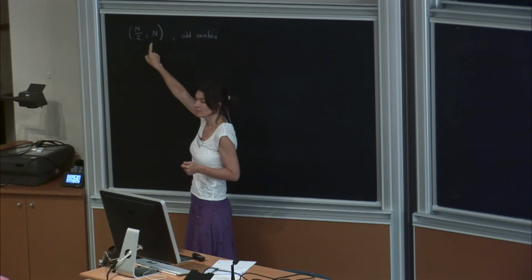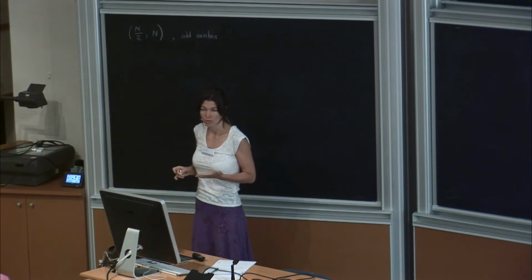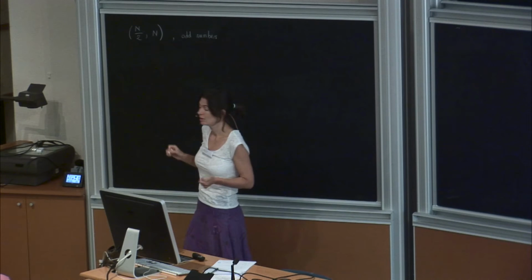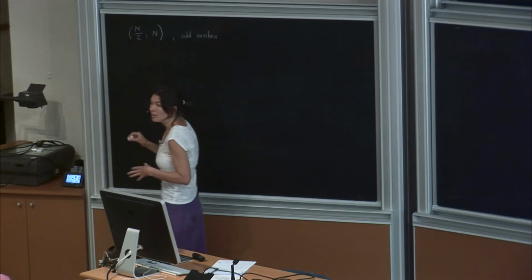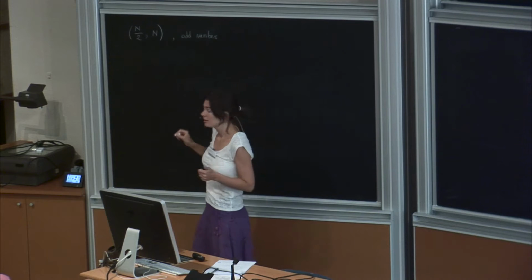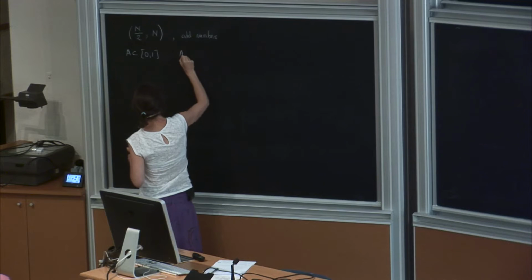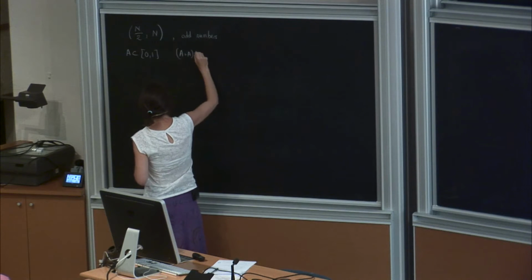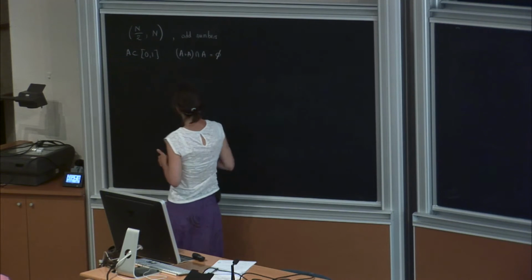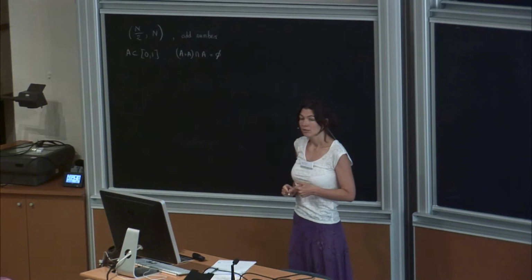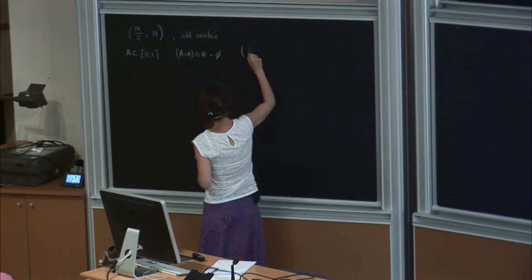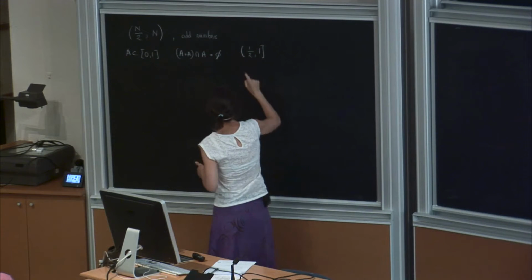And I will be interested in these sets. Actually, these sets come from the continuous setting also. It works the same in the continuous setting. If you're looking for maximal sum-free sets in the interval [0,1], so you look for A included in [0,1] such that A plus A and A have empty intersection, then you can take [1/2, 1].